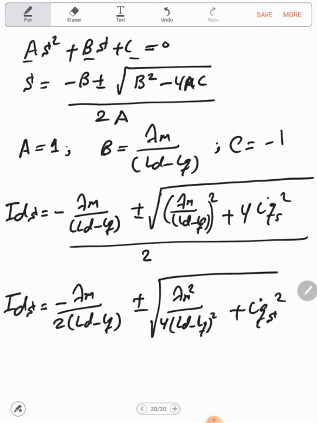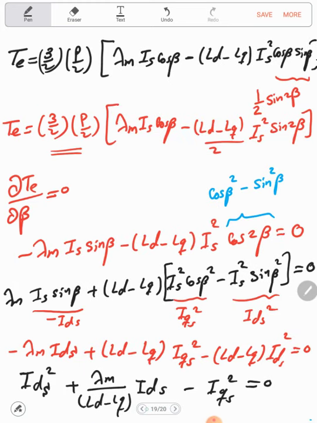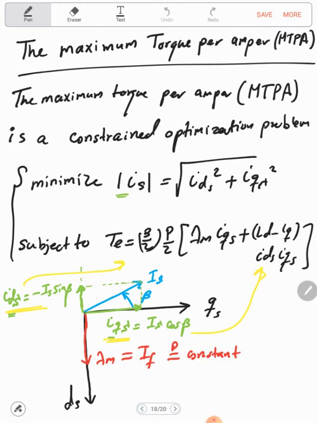Now please note that the IDS must be either 0 or negative. It cannot be positive, because if IDS is positive, this means that the core will be saturated.